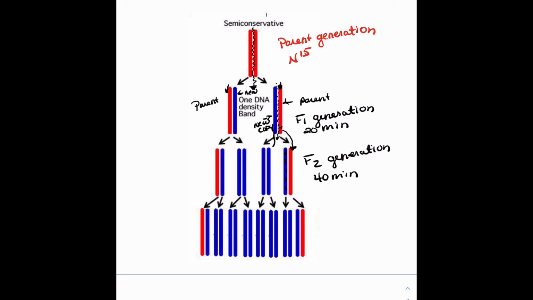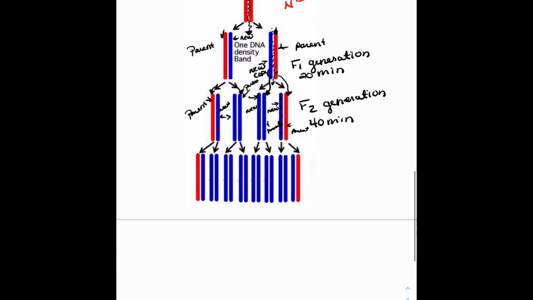And then this becomes my parent strand here, and this one is my new DNA here. And that's the same on this side. Parent strand here, parent strand here, and my new DNA on this side and on this side.